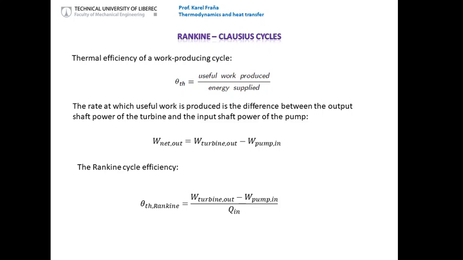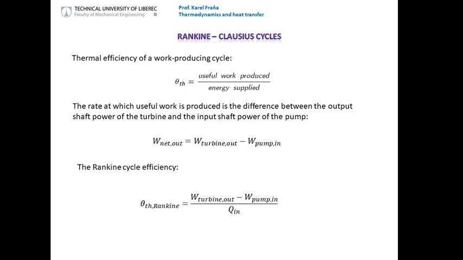From this work done by the turbine, theoretically we should subtract the work which is used for the pump, because in order to pressurize the fluid we need work as well. But because this portion of the work is very small compared to the work produced by the turbine, sometimes it's actually neglected. But in this case, we can take it into account.